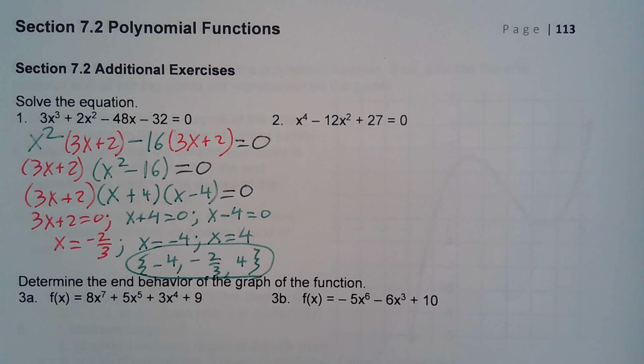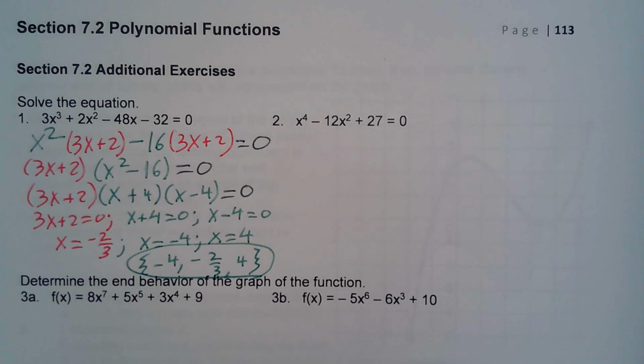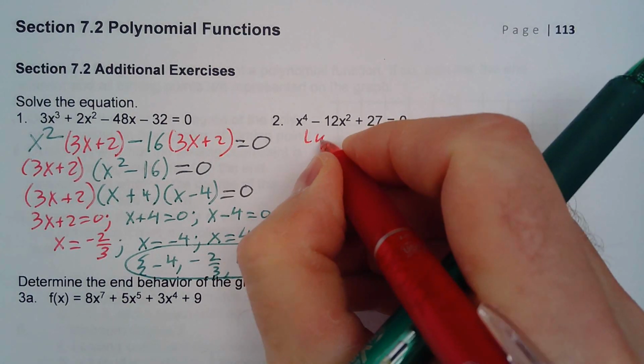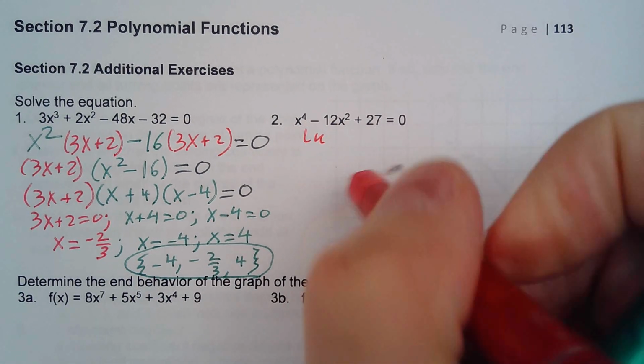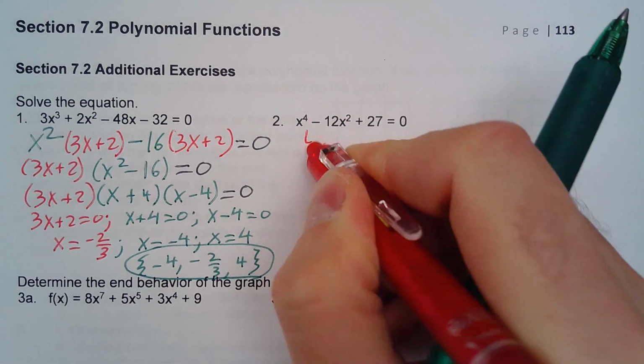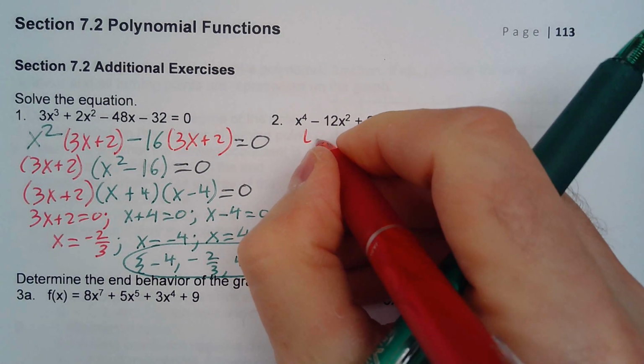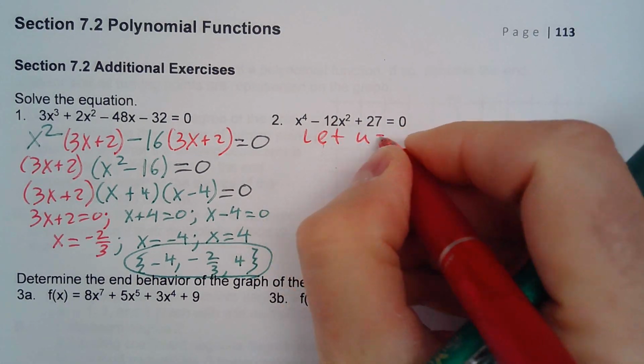All right, let's try number 2. And, ooh, this is kind of one of those problems. So let me do a substitution. I'm going to let u equal x squared.